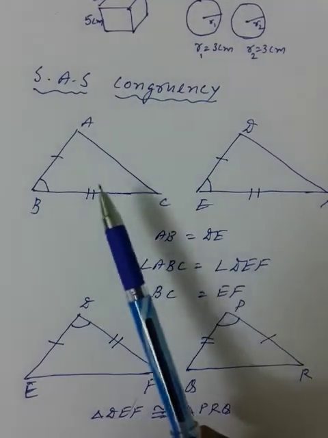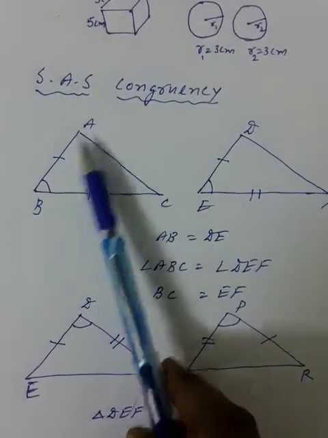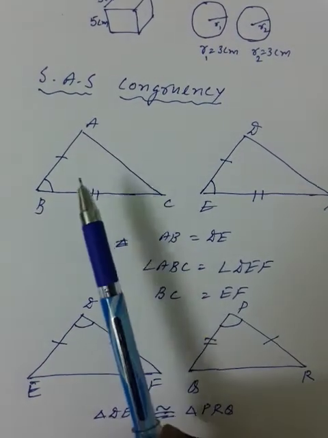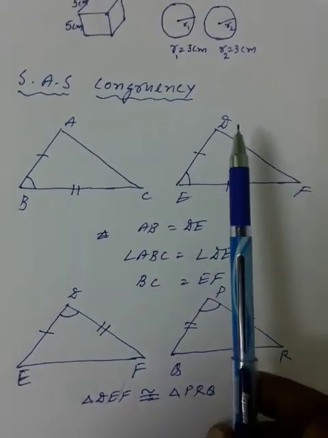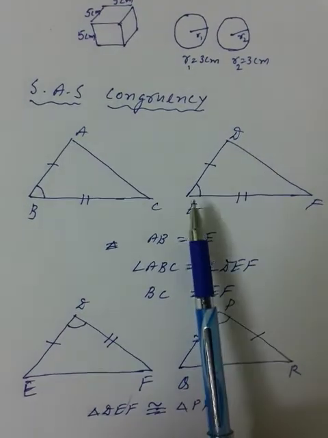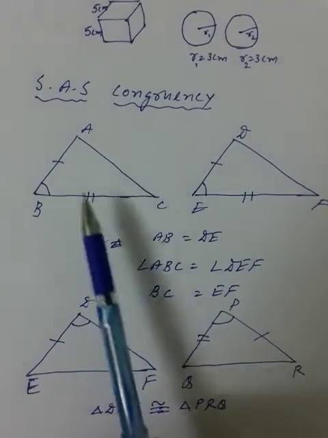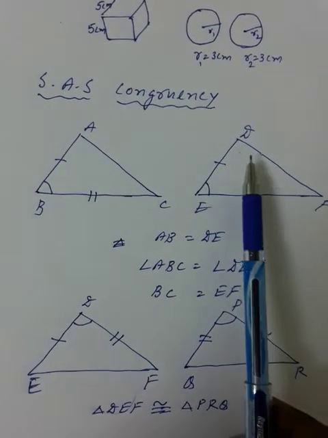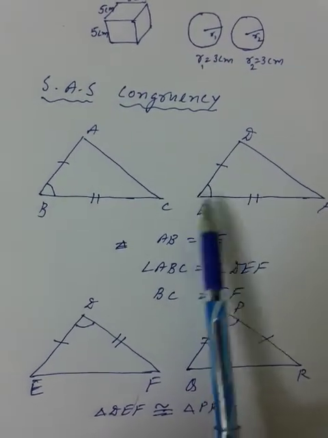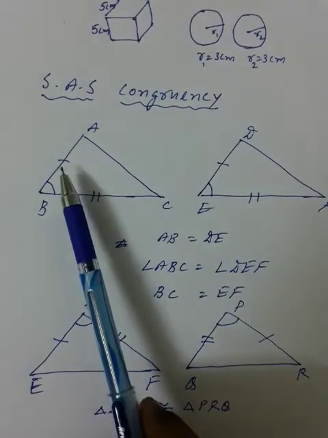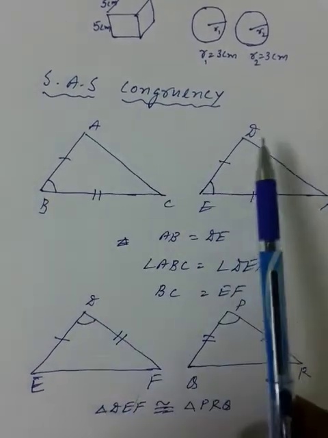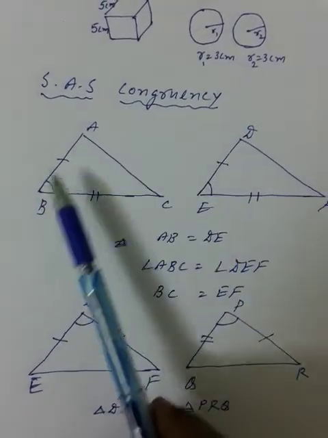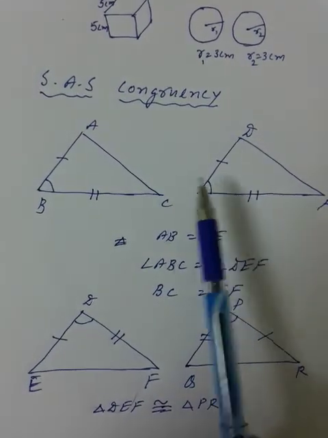Suppose we take the example of triangle ABC and another triangle DEF. Here AB, I have put a small one line, and then DE, here one line, that represents that AB corresponds to DE and AB is equal to DE.